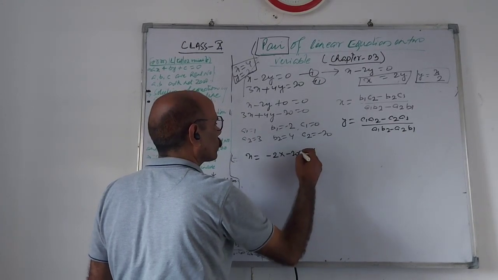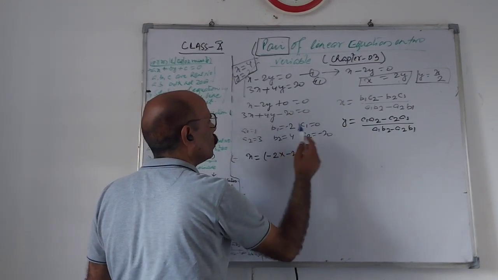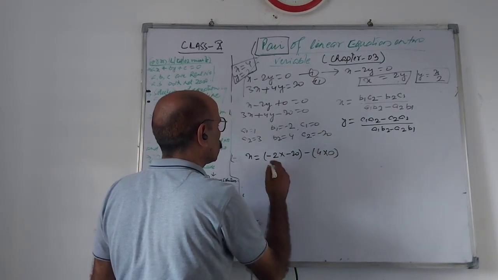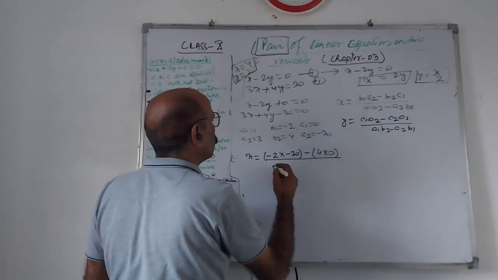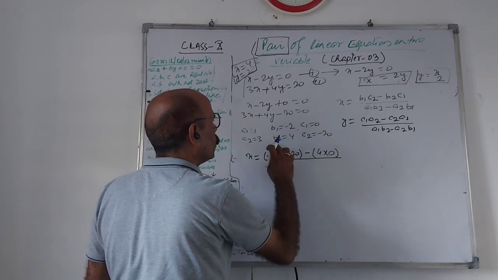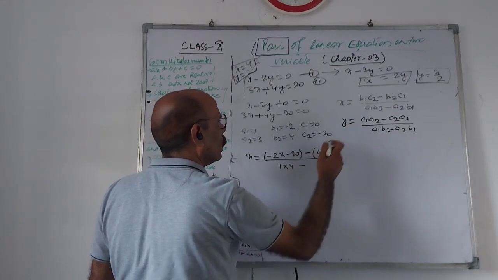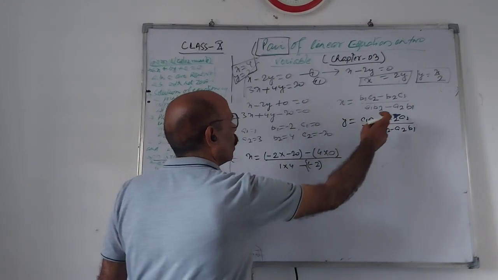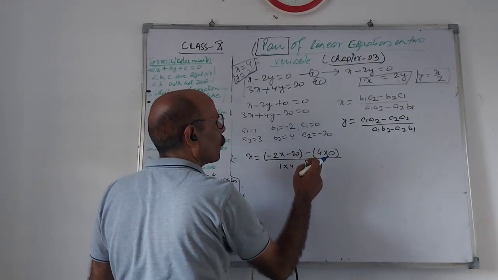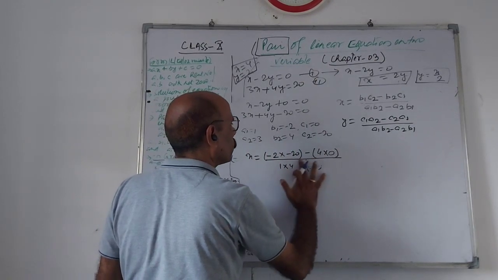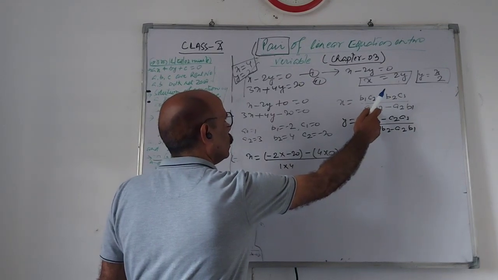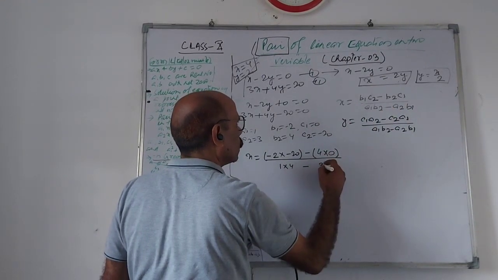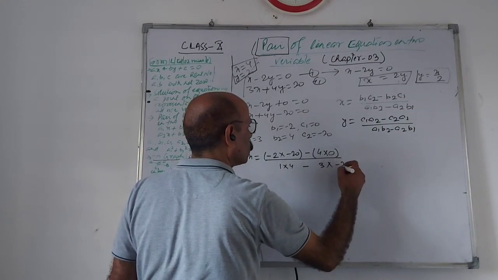And b2 is 4 into c1. c1 is 0, divided by a1 b2. a1 is 1 into b2 4 minus a2 3 into b1 minus 2.